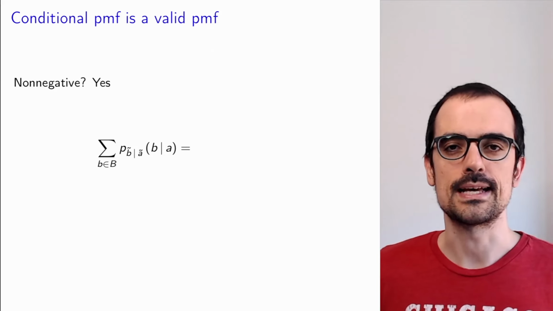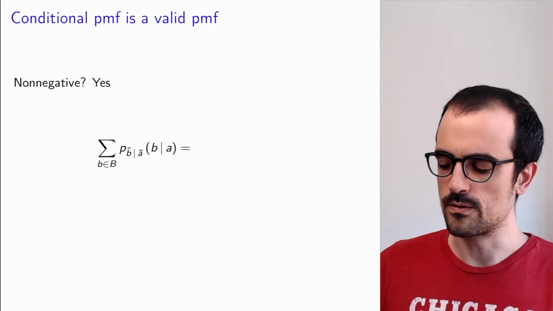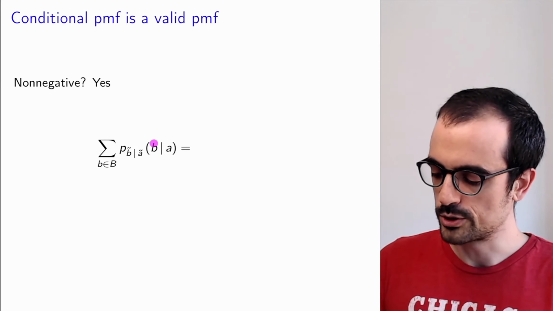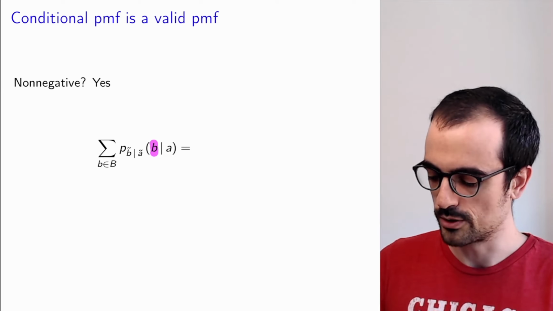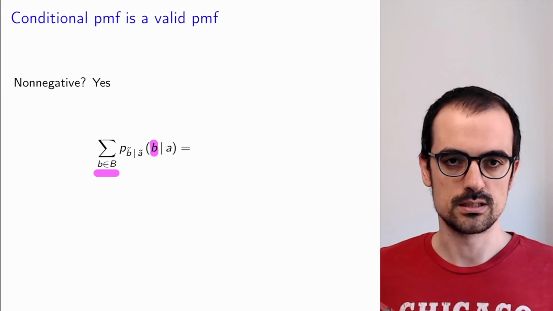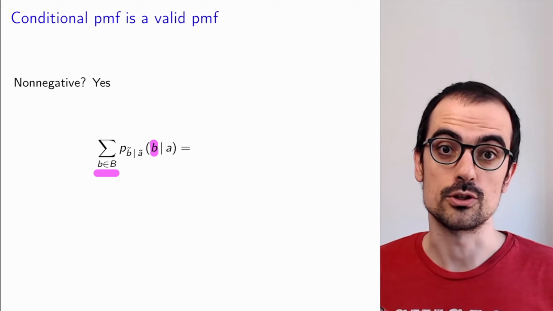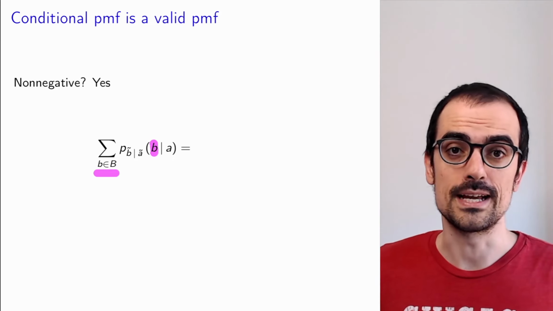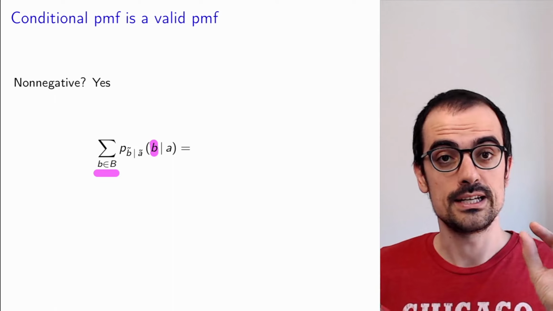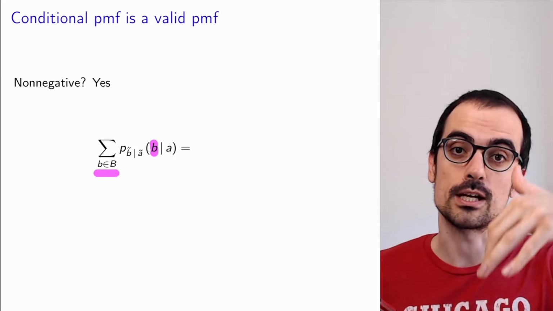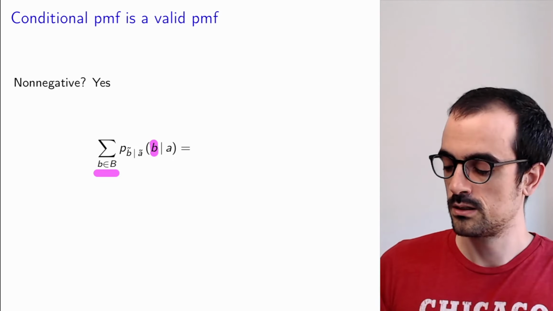First, we need to think: it adds up to 1 over what? Well, over the variable over which we're computing probabilities, right? So we're going to sum this conditional PMF over all the possible values of B, not of A. That wouldn't make sense because A is just this index that tells us which of the conditional PMFs we're getting.